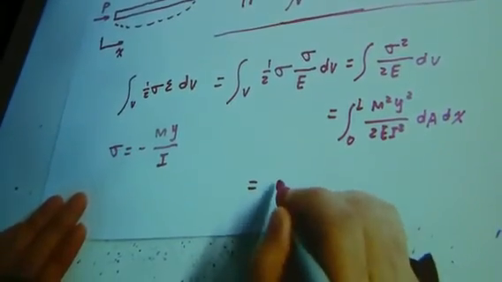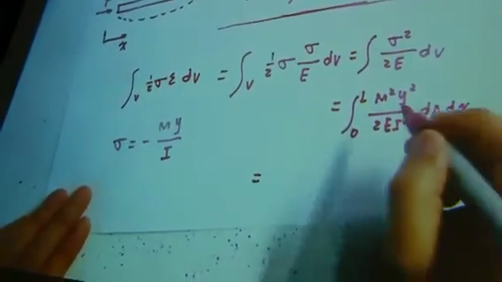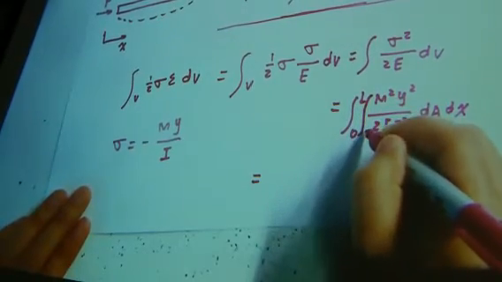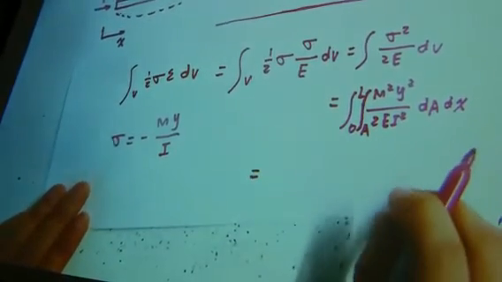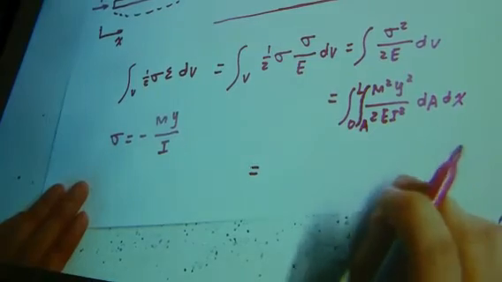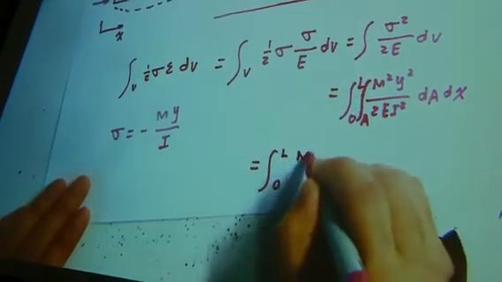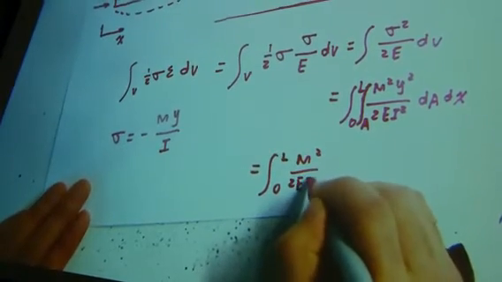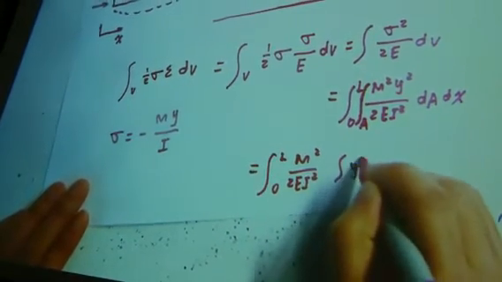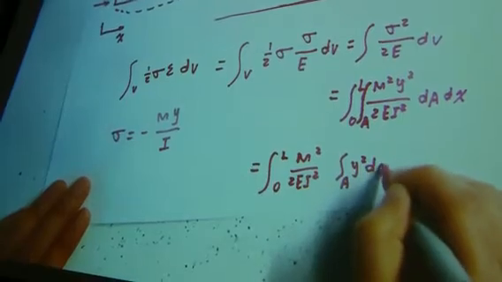Then the area integral, we're converting the volume integral into dA and dx. So this one becomes integral from 0 to L of M squared over 2E I squared, y squared dA dx.